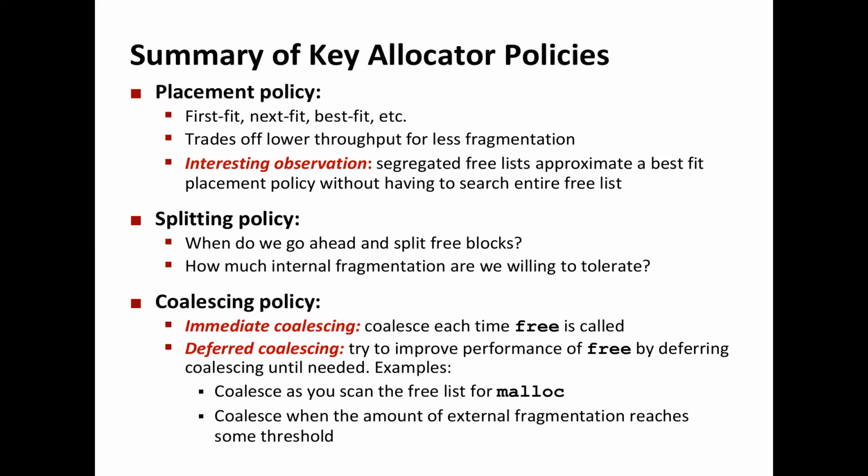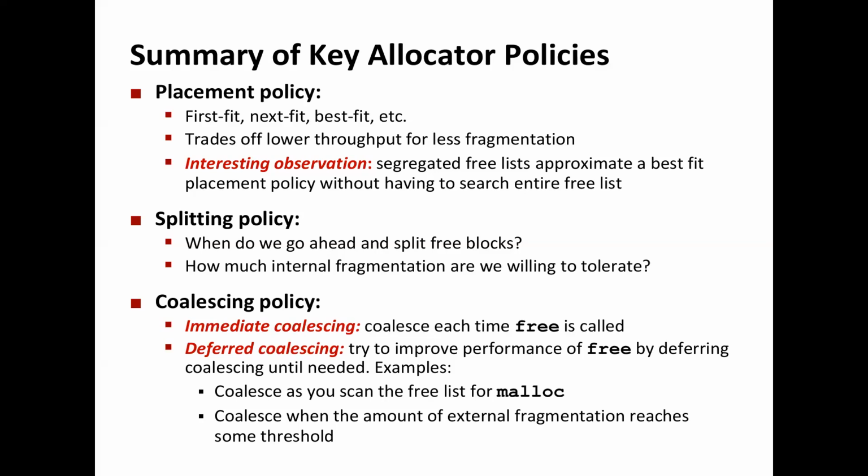So let's just summarize the key allocator policies, right? The placement policies are first fit, next fit, best fit. We may trade off low throughput for less fragmentation. But one interesting observation, and that's something you will also find when you keep multiple lists, like segregated lists, so that means you will have multiple explicit lists, is that it's going to basically take the best of both worlds, right?